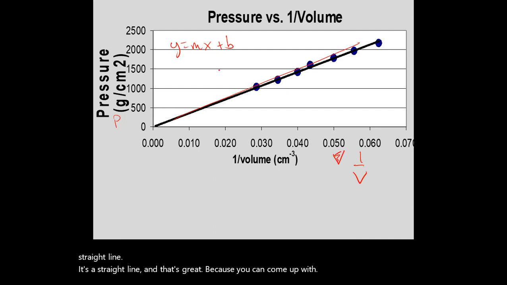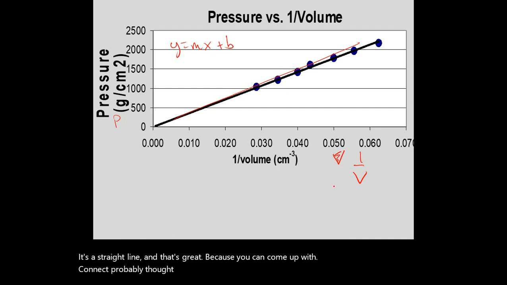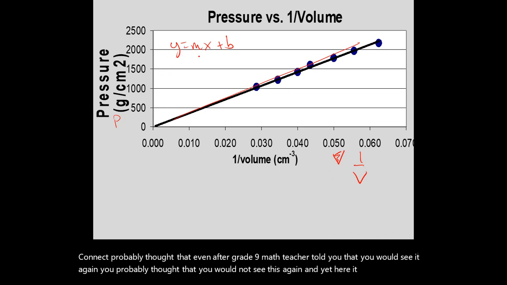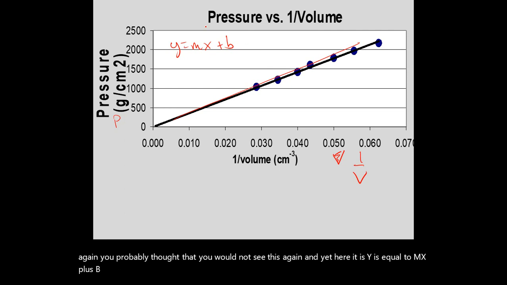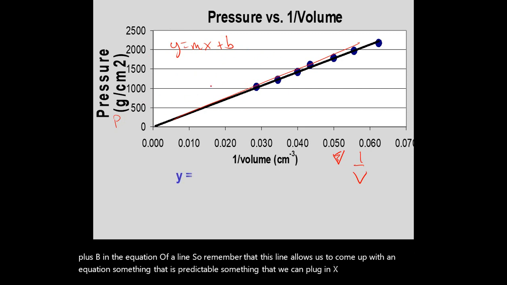You probably thought that even after your grade 9 math teacher told you that you would see it again, you would not see this again, and yet here it is. y = mx + b, an equation of a line. So remember that this line allows us to come up with an equation, something predictable, something where we can plug in an x value to get a y value, and that's great.